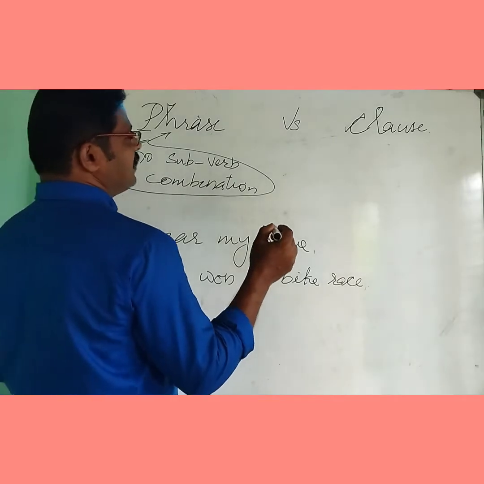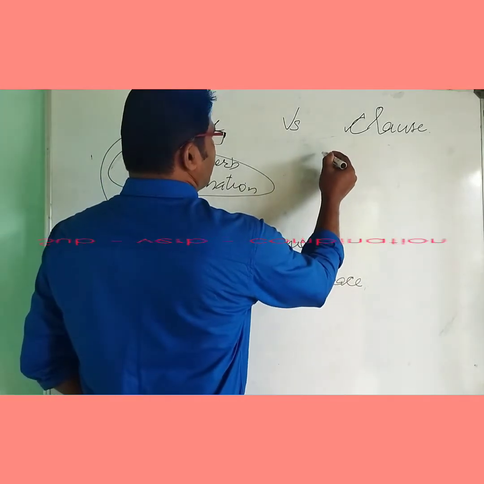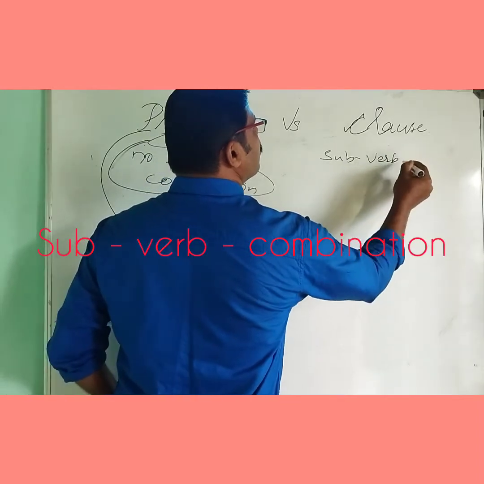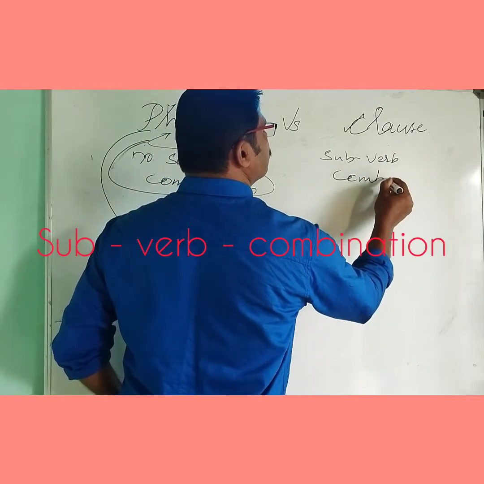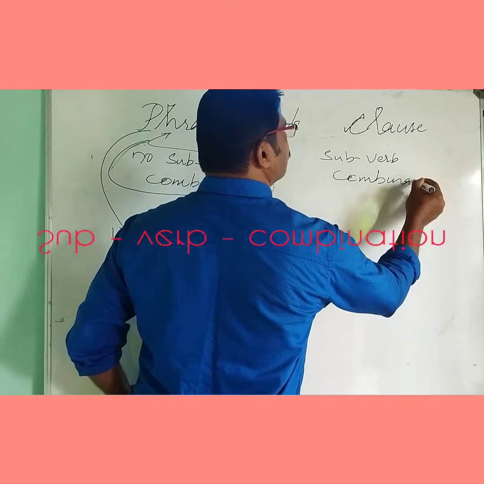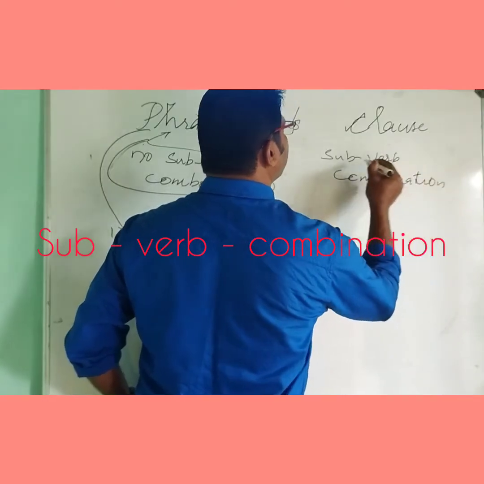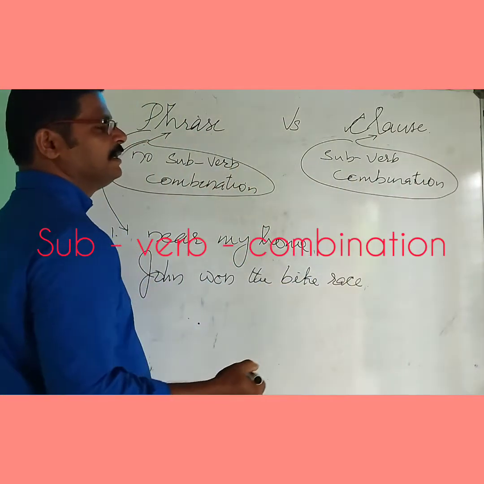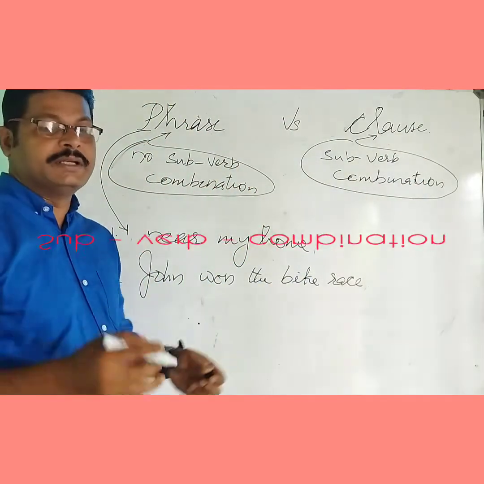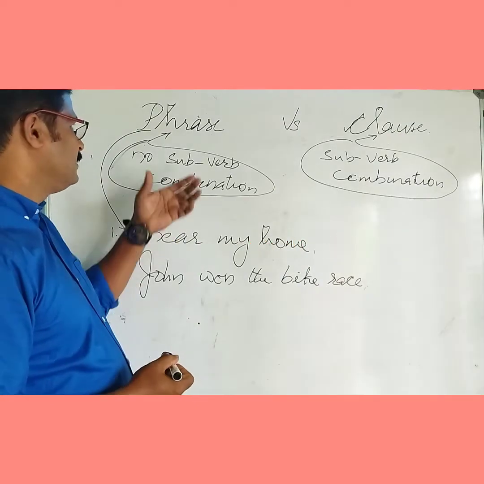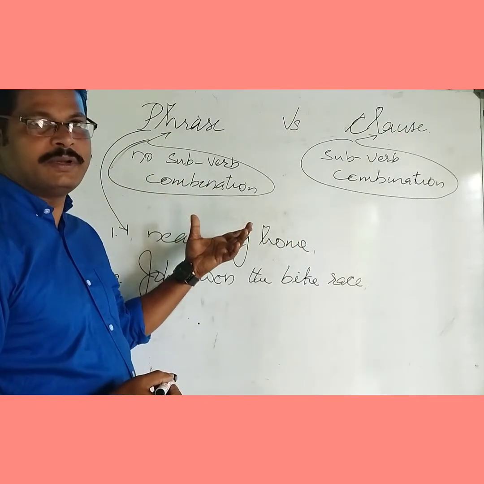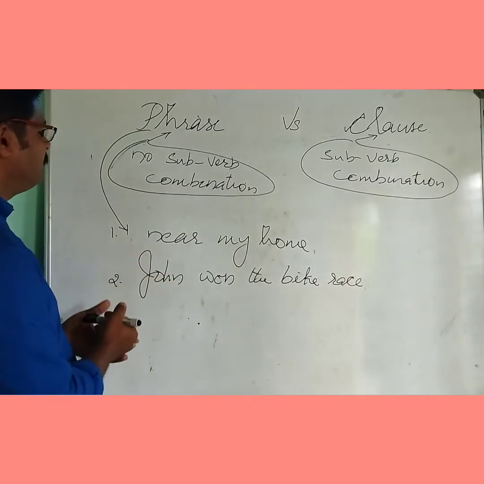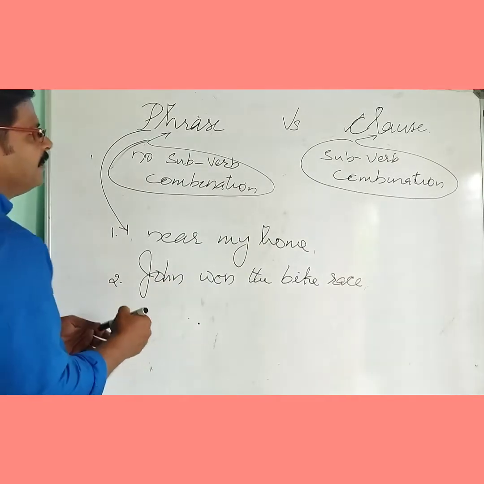When we see what a clause is, a clause has a subject-verb combination. A phrase doesn't have a subject-verb combination. Near my home is meaningful, but there is no subject-verb combination.